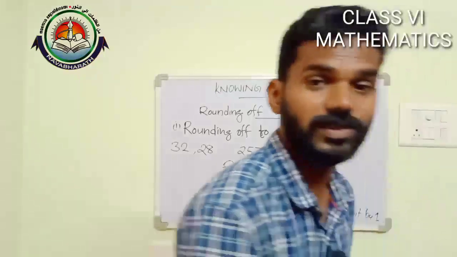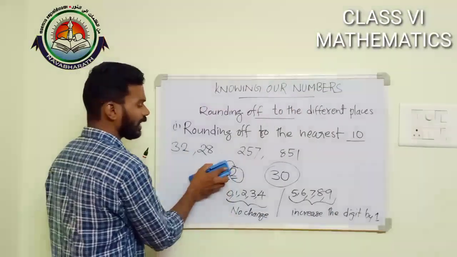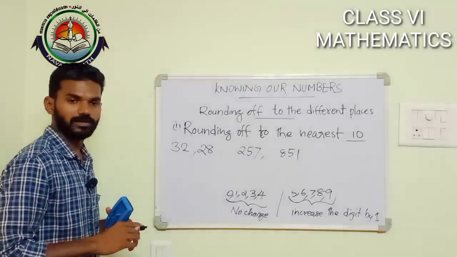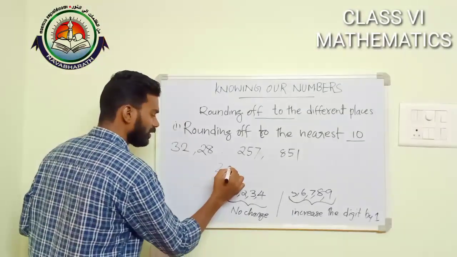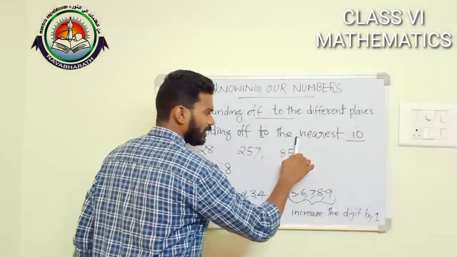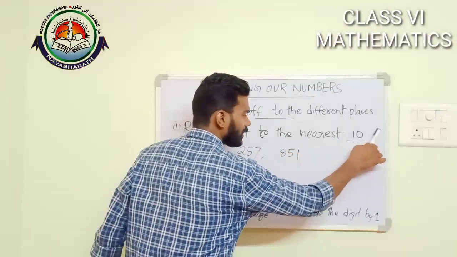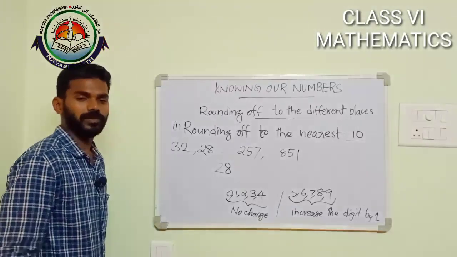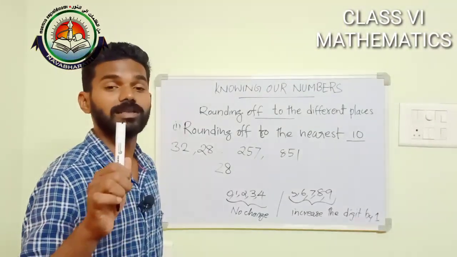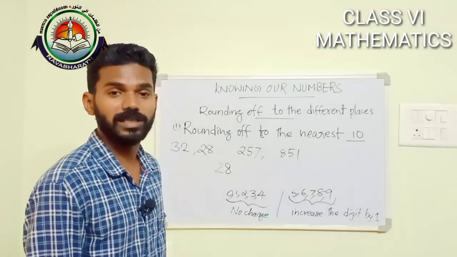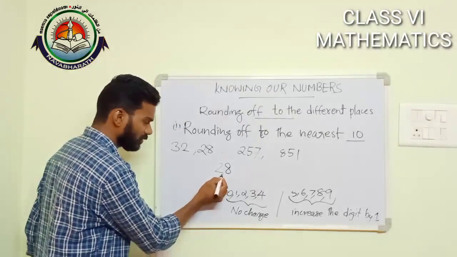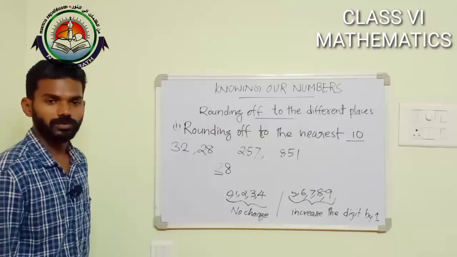28. Let's check how 28 can be rounded off to the nearest 10. First of all, just write the number 28. Now listen here, it is rounding off to the nearest 10. So you have to consider the digit at the tens place. Which is the digit at the tens place here? It is 2.